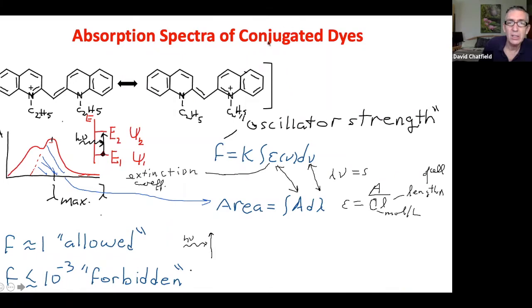One other point here, you might be wondering, what about this shoulder here? Do I include that or not? Well, frankly, you probably don't have enough information to know for sure whether it ought to be included. If that's a shoulder that pertains to the same electronic transition as the main peak, then yeah, you should include it. It could be vibrational substructure, or it might pertain to a different electronic transition, and in that case, you wouldn't include it.